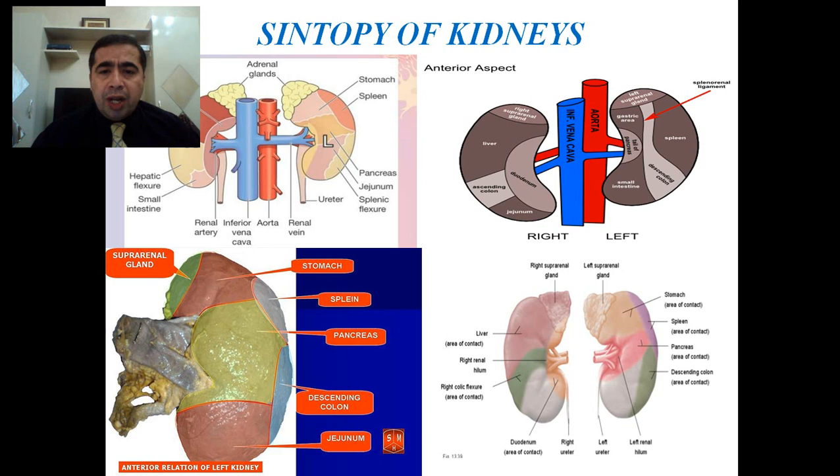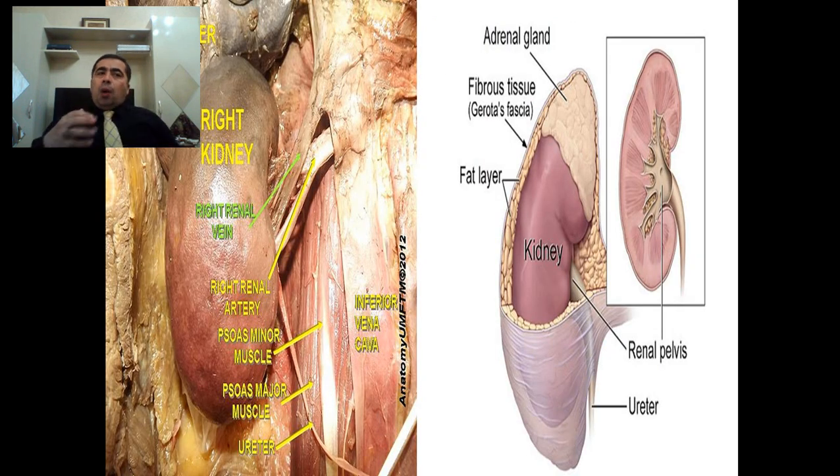Next moment, which is very important, is the covering of the kidneys. What is the covering? It means the structures that cover the kidney. A kidney has a mass between 120 grams and 200 grams. The consistency of the kidney is not so soft like the liver, but it is a gland, and mainly it's an excretory gland, excretion, a kind of secretion.